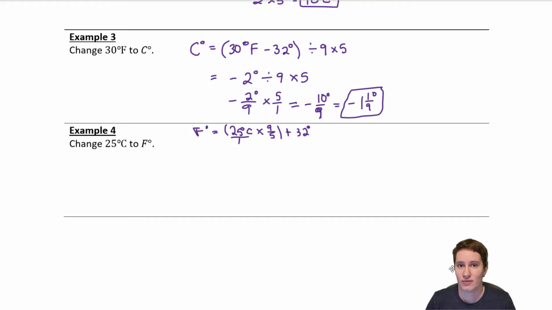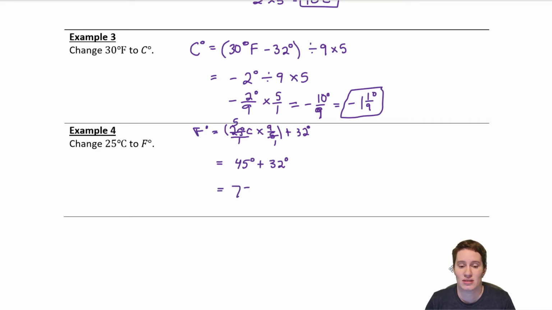So we would want to do 25 times 9/5. So you can do 25 times 9 and then divide it by 5, or we can see if this simplifies by 5, which it does. 5 times 9 gives us 45. So this is 45 degrees. And then we're going to add 32 degrees. So I did parentheses before I did addition there.